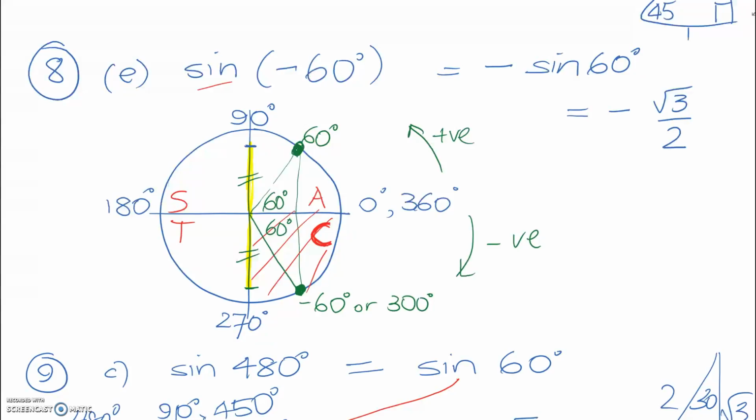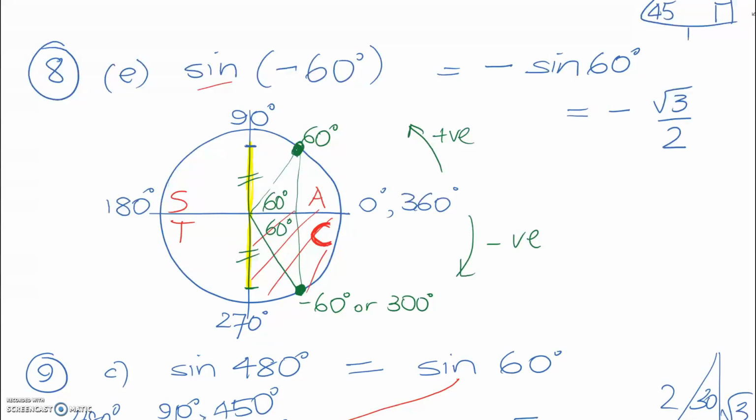You'll notice that sine of 60 is a positive quantity, but sine of minus 60 is a negative quantity. And that bears out when I say ASTC on that circle. In the fourth quadrant, the only one that's positive is cos. And right now I want sine. So sine has to be negative. In fact, it's the negative of the y value for 60.